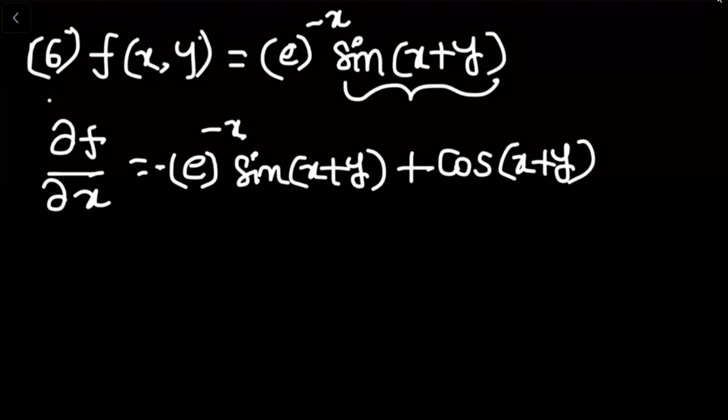Since y is constant and the derivative of x is 1, we can write 1, times e^(−x).